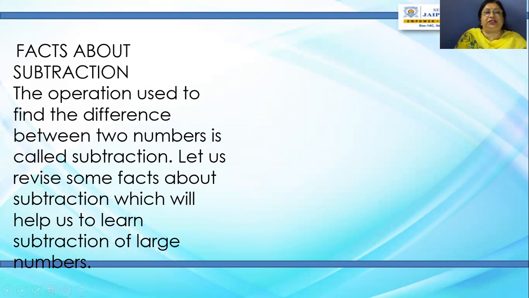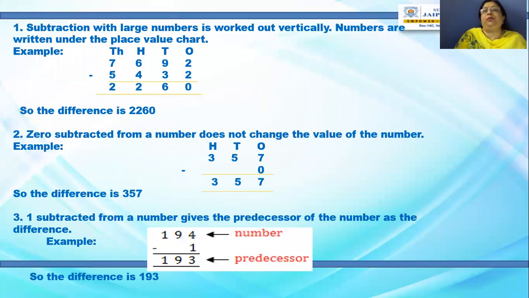Facts about subtraction. The operation used to find the difference between two numbers is called subtraction. Let us revise some facts about subtraction which will help us to subtract the large numbers. Some important facts about subtractions are: number one, subtraction with a large number is worked out vertically.